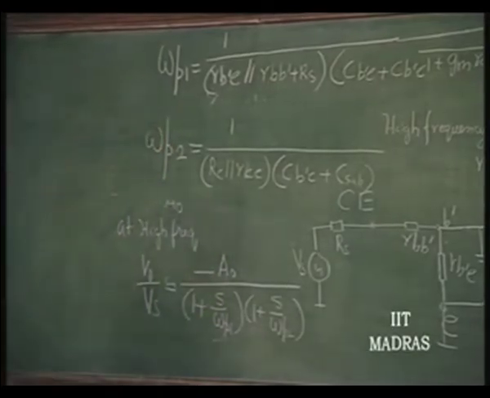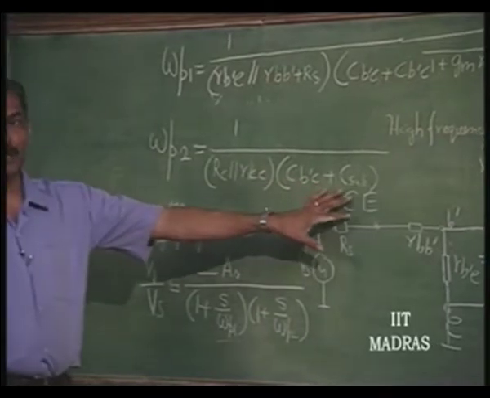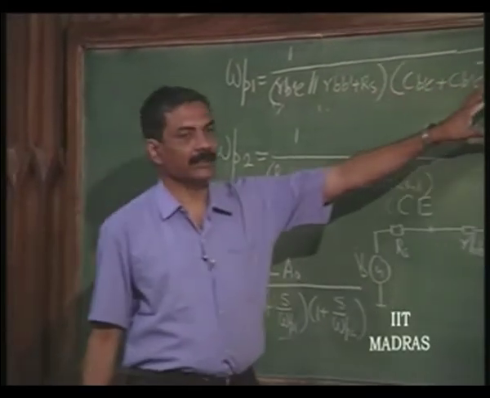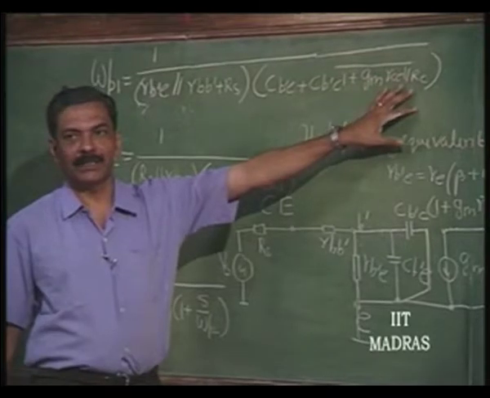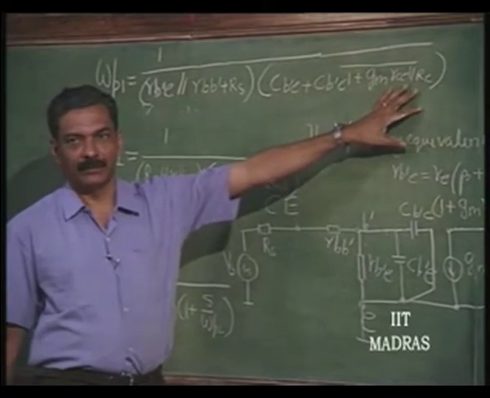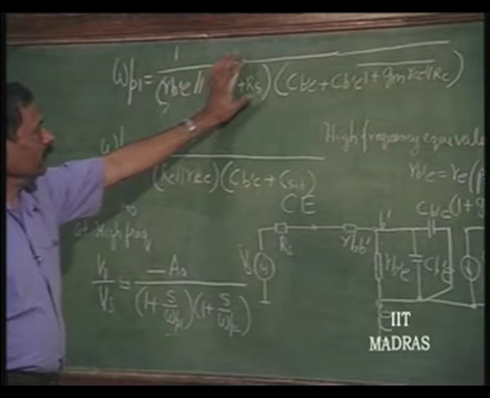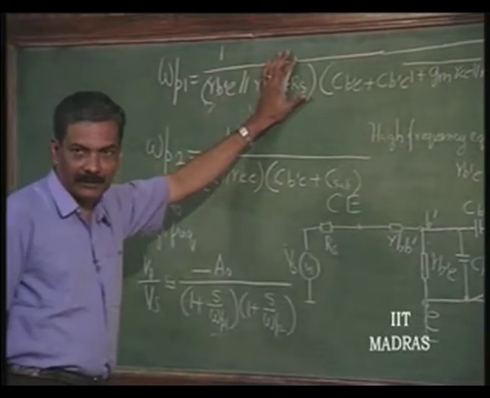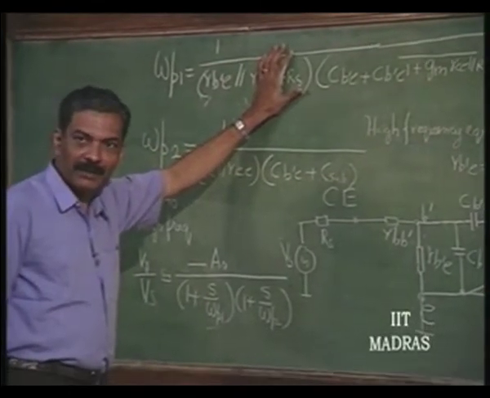You can see that this capacitance is very small compared to the other capacitance, which depends upon the gain of the structure, which is likely to be high, and therefore, this time constant normally dominates, and that is the bandwidth. How to improve the bandwidth then?